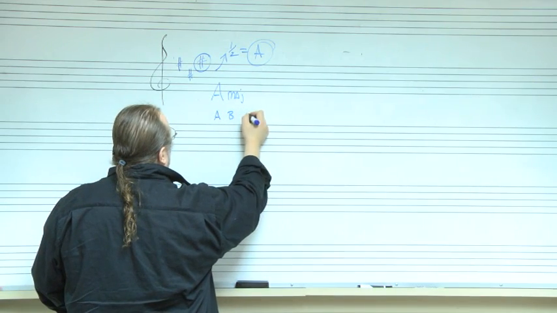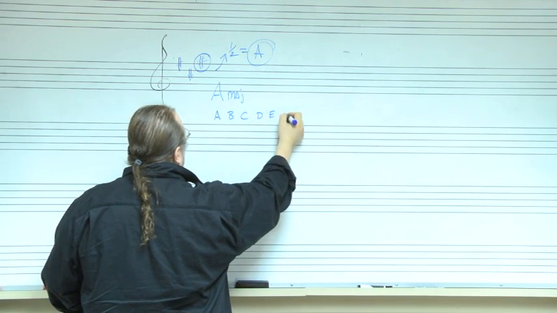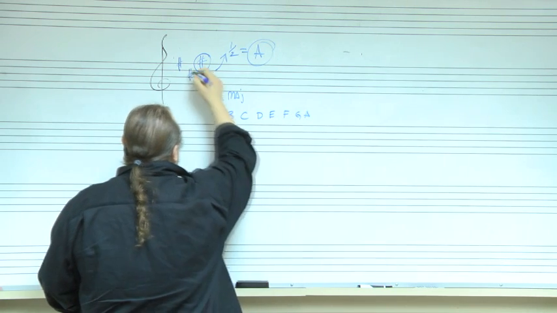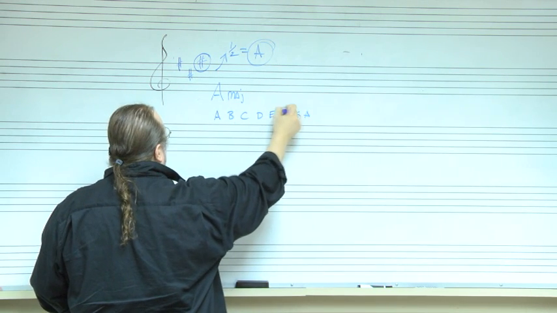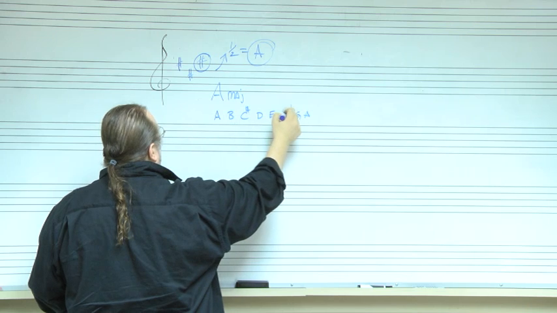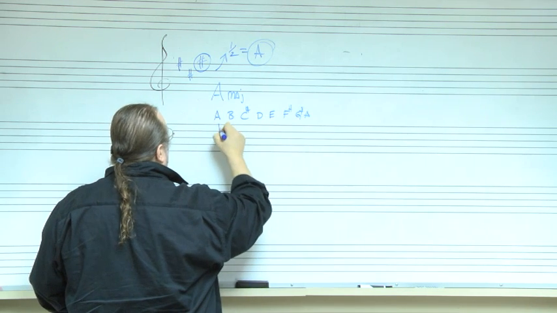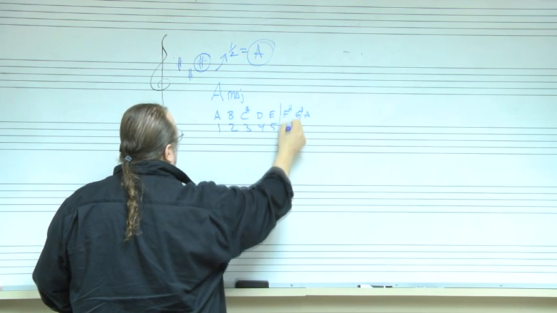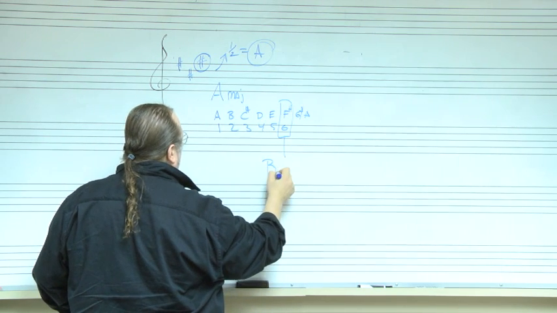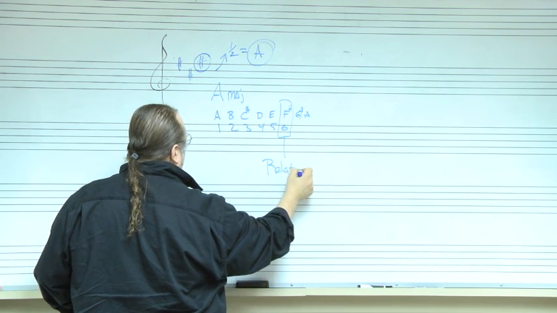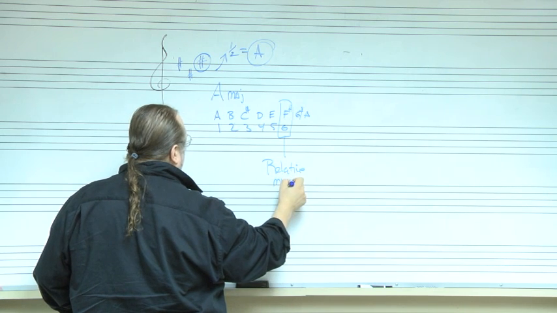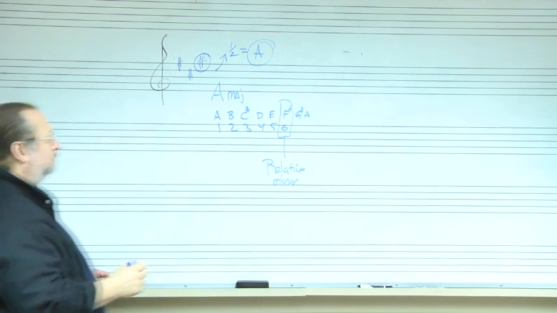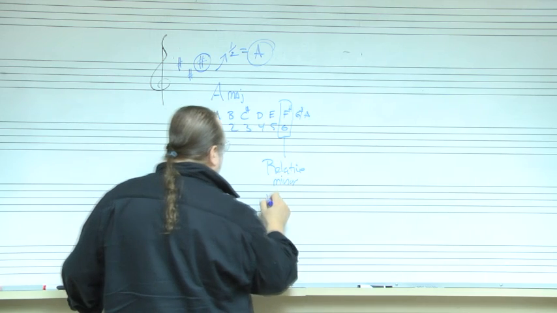A, B, C, D, E, F, G, A, and then put them in. F sharp, C sharp, and G sharp, right? And then count up 1, 2, 3, 4, 5, 6. There's your relative minor key. Okay. So once I do this, it'd be F sharp minor, right? Mm-hmm.